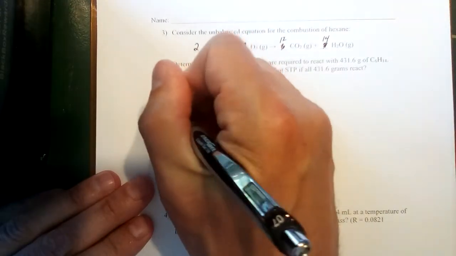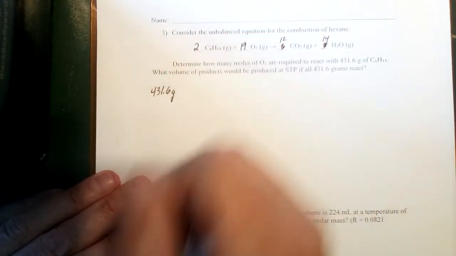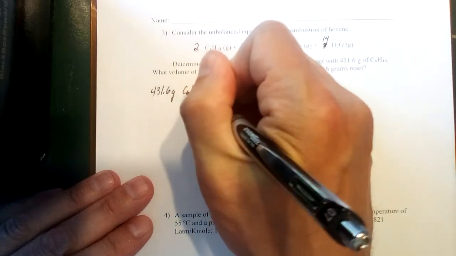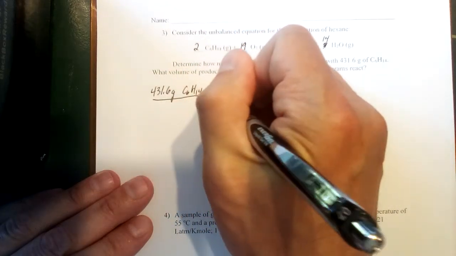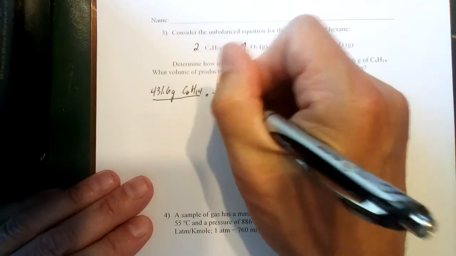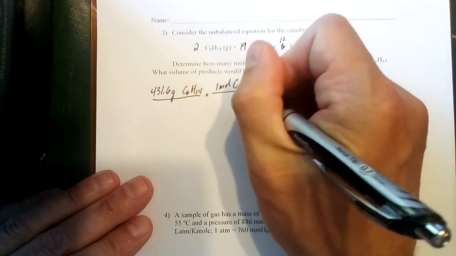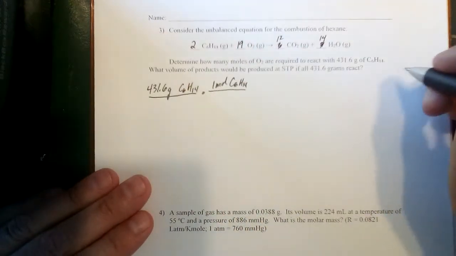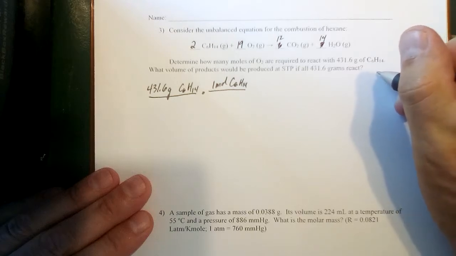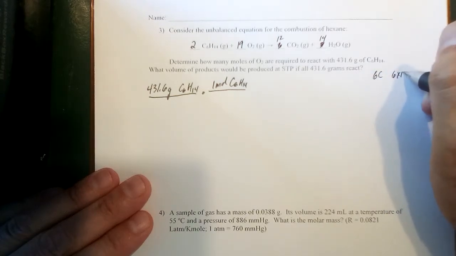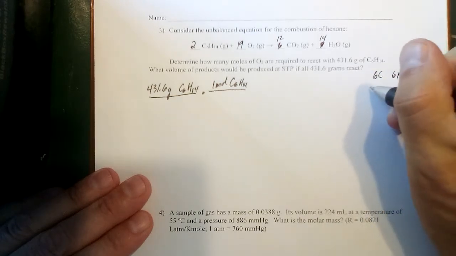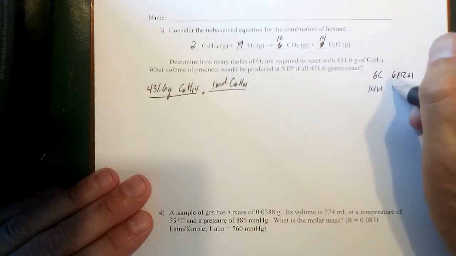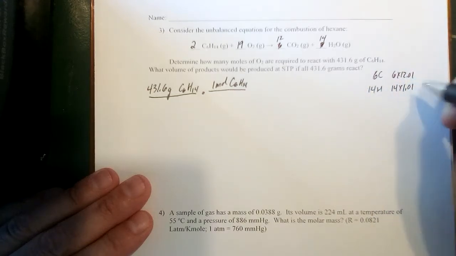So if we start with 431.6 grams of C6H14, we can convert that to moles using the periodic table. So 1 mole of C6H14, right? And if I calculate that over here on the side, 6 carbons would be 6 times 12.01, and 14 hydrogens would be 14 times 1.01.